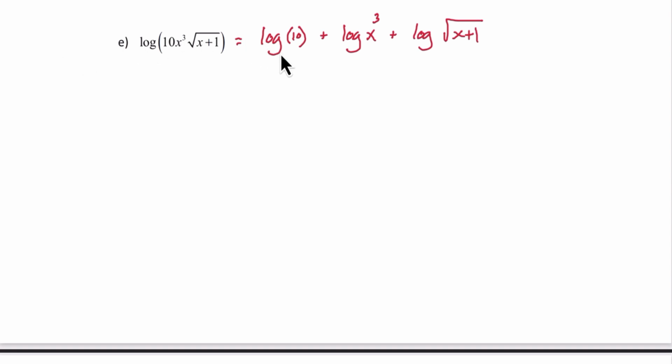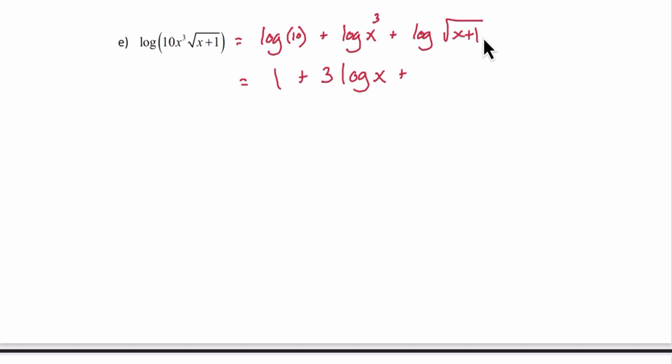Recall that the base is 10 when we don't see a number there, so we can actually simplify this one. 10 to what power is 10? That will be 1. The second log has an exponent. We can bring down that exponent, giving us 3 log x plus this argument has a square root on it.